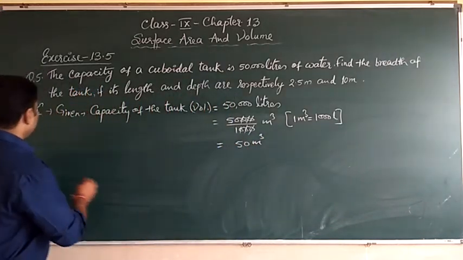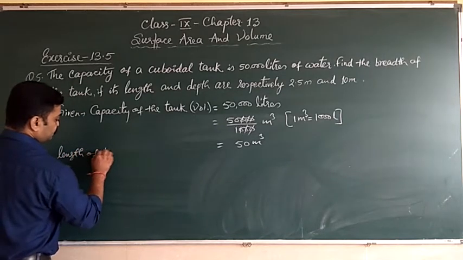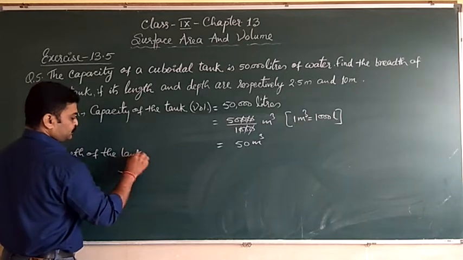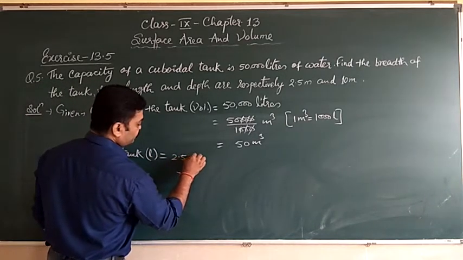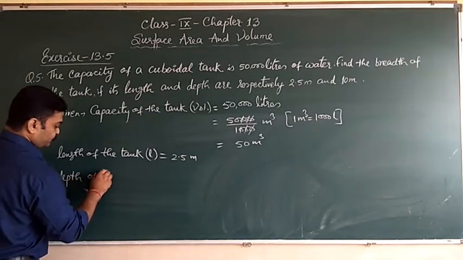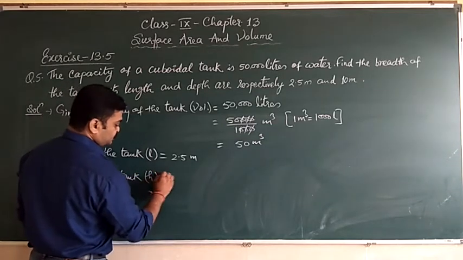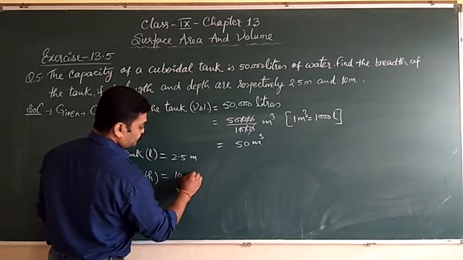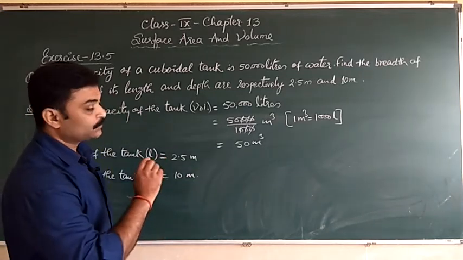Clear? Also we have been given length of the tank, that is L, is equal to 2.5 meter, and depth of the tank, that is H, is equal to 10 meter. We have to find the width of the tank.